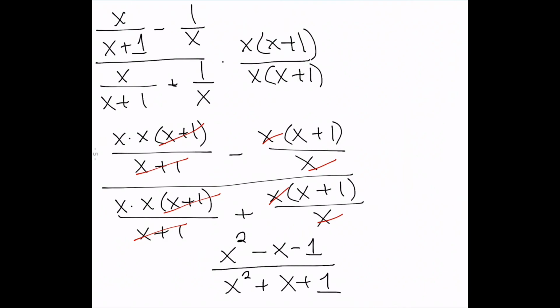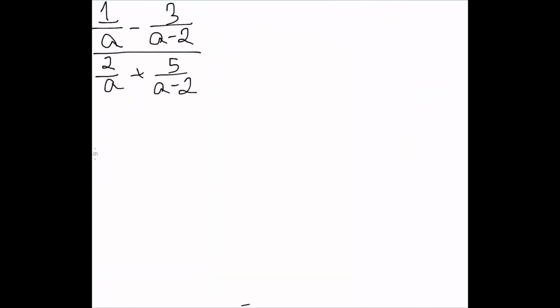Let's do one more example using this method. The first step is to find the least common denominator. You'll notice on the bottom of fractions we have a's and we have a minus 2's, and that's it. So I'm going to multiply both the top and the bottom of this compound fraction by a minus 2.